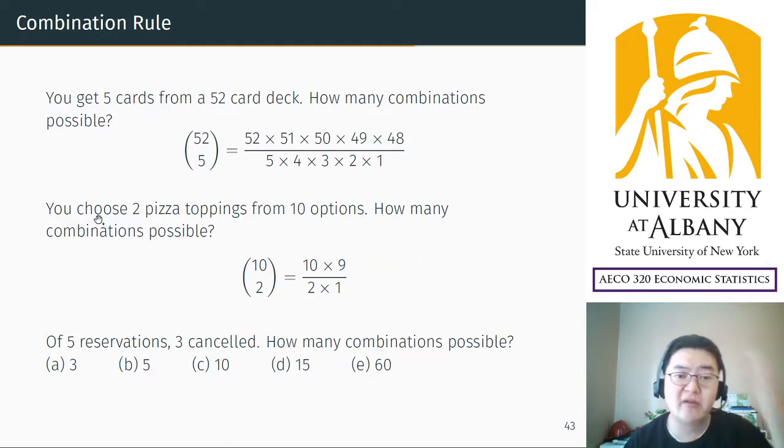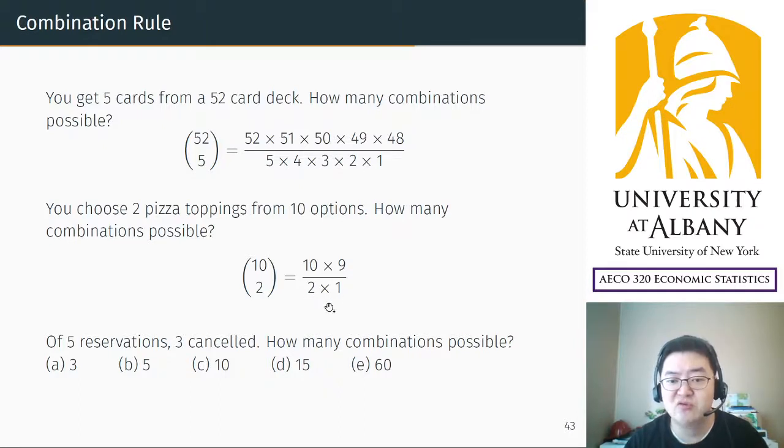Similarly, think about another example. You can choose 2 pizza toppings from 10 possible choices. How many different pizzas, different combinations, can you make? And it's 10 choose 2. You choose 2 different toppings from 10 choices. Then the rule is the denominator starts from 2, the numerator starts from 10, and the denominator multiplies all the numbers down to 1.